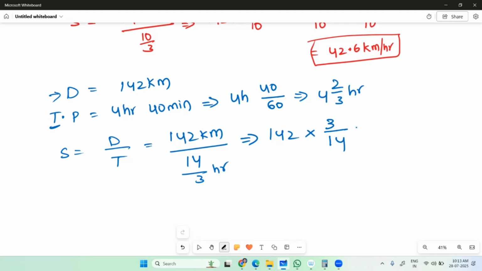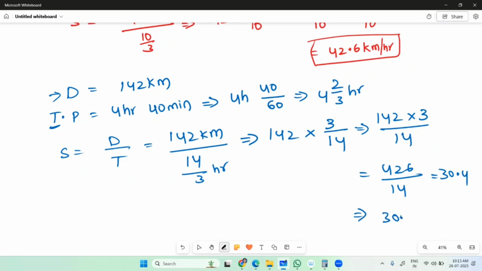In the 14 times table, we do not have 142, so we multiply the whole number by the numerator and simplify. 142 times 3 is 426. 426 divided by 14 is 30.4. So here 30.4 kilometer per hour.